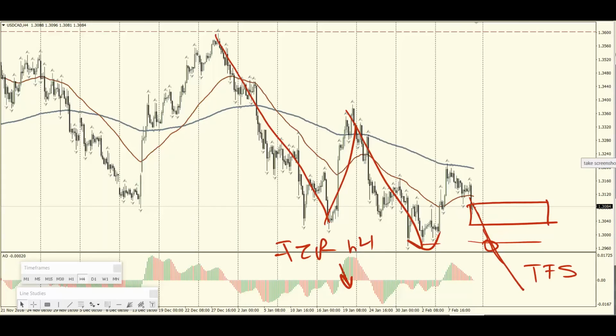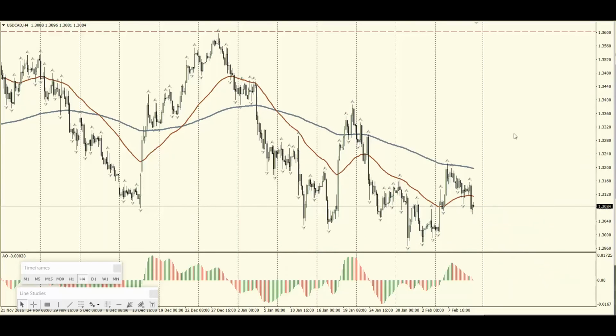But for now, until we break through that new low, as I said, a moment of truth. I will just wait and do nothing, just see until we break through that low.